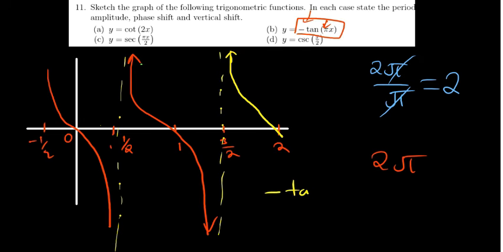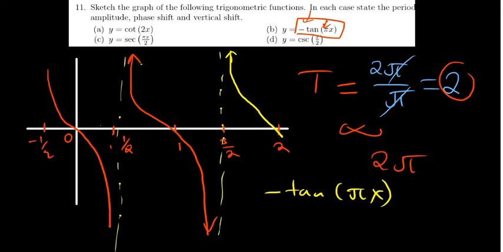So negative tan of pi x. The question was saying we need to clearly state the period. The period in this case is a 2. I've shown you how to calculate it. The amplitude is where the graph is expected to end. We've seen that you've got asymptotes, so the graph is just going up, so the amplitude is infinite. And then the phase shift: did we have any phase shift in this case?